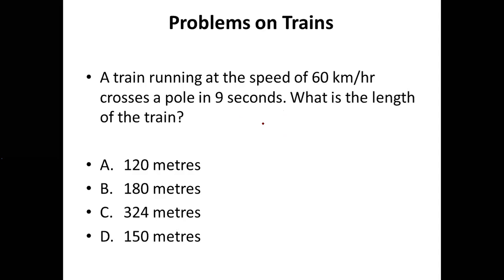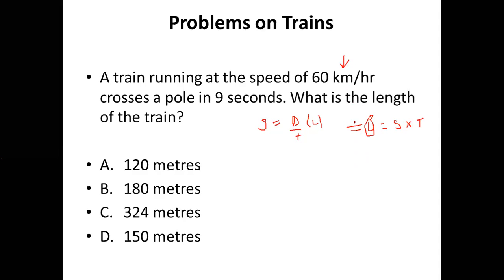So the formula that we have, speed is equal to distance upon time, where distance is nothing but the length that we are talking about here. So L is equal to S into T, that is what we need to find the length. Please remember this part. So we need conversion also, since it is in kilometer.